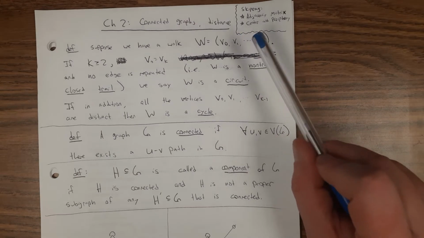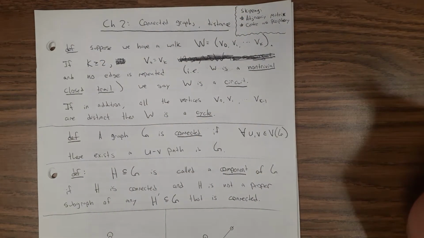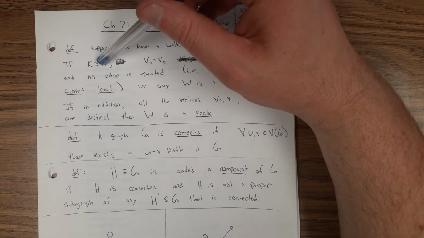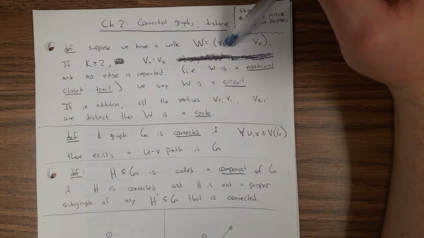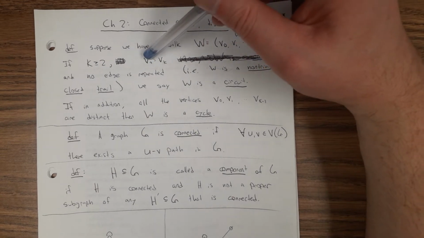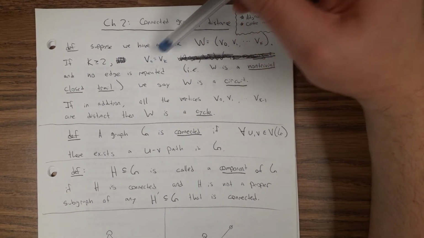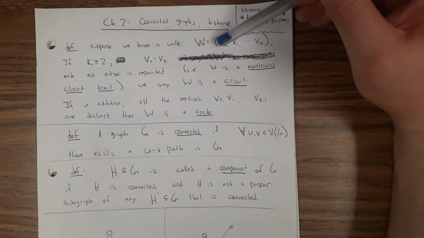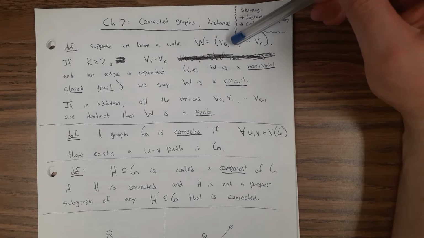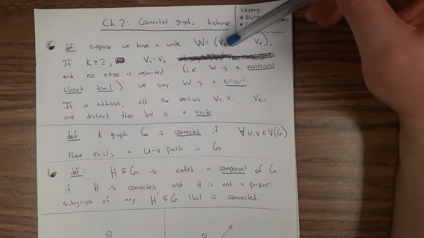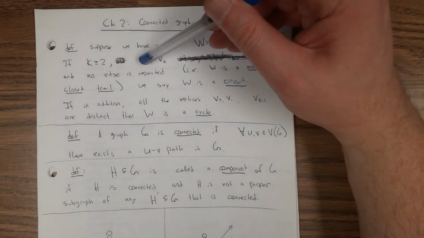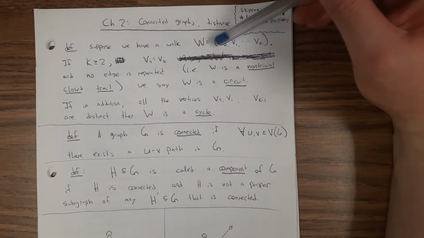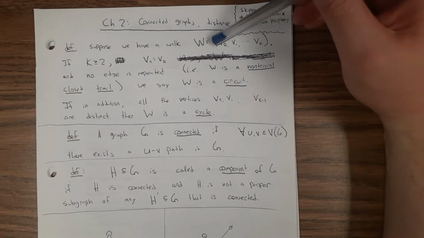A trivial walk would have length 0. We're saying that this has length at least 2. Also, a walk of length 1 couldn't possibly have V0 and Vk be the same. If k is 1, then V0 is a neighbor of V1. So if you're going to end up back at V0 by the end of the walk, you have to take 2 steps. You can't just take 1 step.